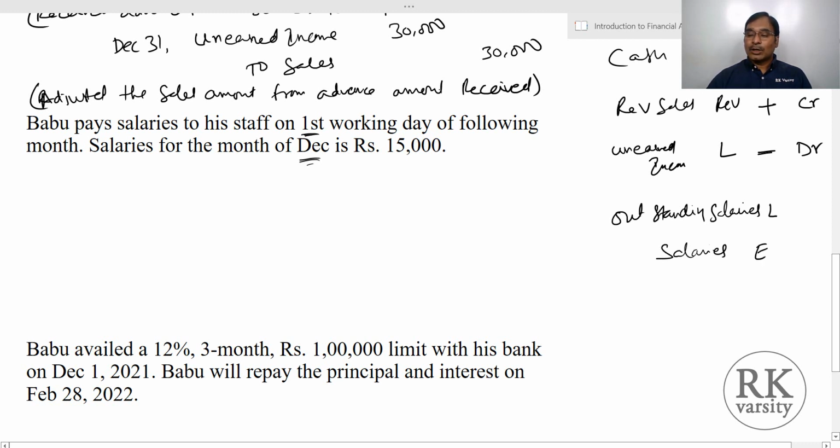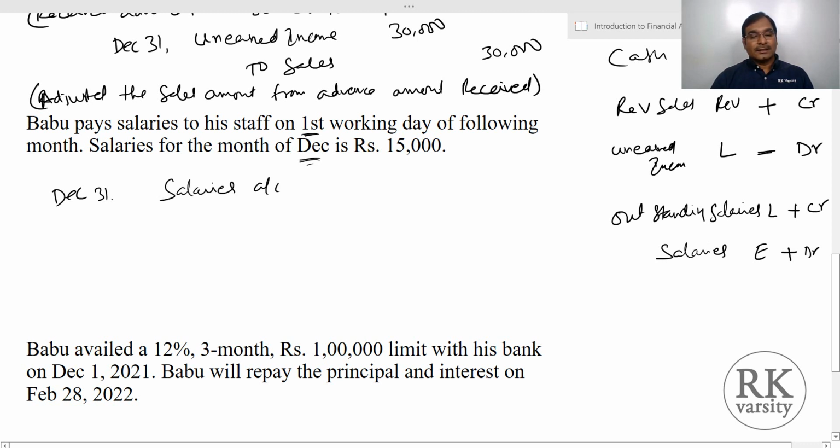Now what is happening to your liability? There is an increase in liability and there is an increase in your expenditure. So increase in a liability is your credit and increase in your expenditure is a debit. So the general entry will be on December 31st. Which account we have to debit? Salaries.